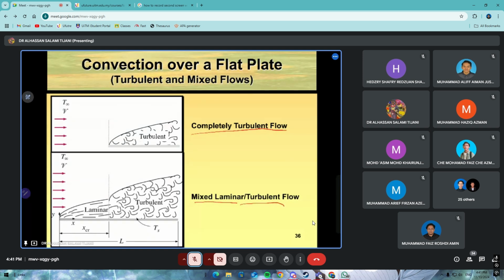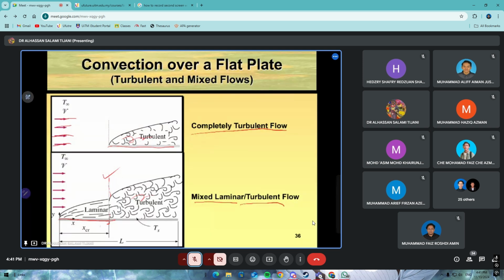You understand? Here we have fluid flowing across a flat plate, and across the entire plate the flow is turbulent. Whereas for this particular figure, we can see that there is a laminar flow up to a certain distance, after which there is turbulence. You understand?